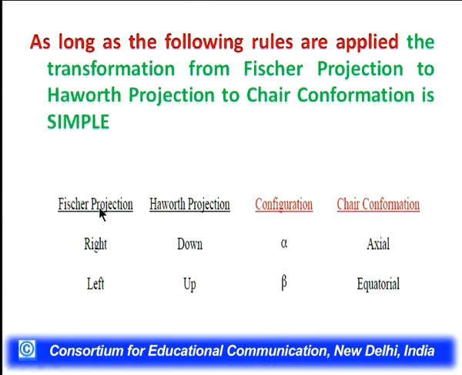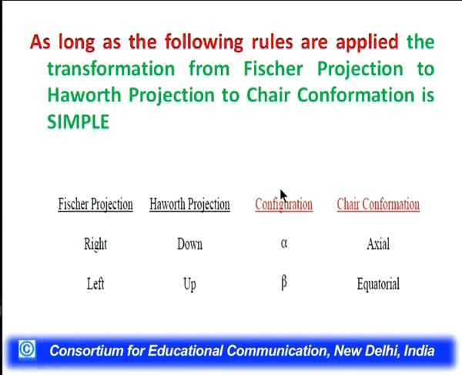So what you have to remember is, while we are doing this, we will discuss the examples in the next lecture, but today I'll just tell you that groups which are on the right hand side on the Fischer projection will go down in the Haworth projection when we've done the pyranose structure.